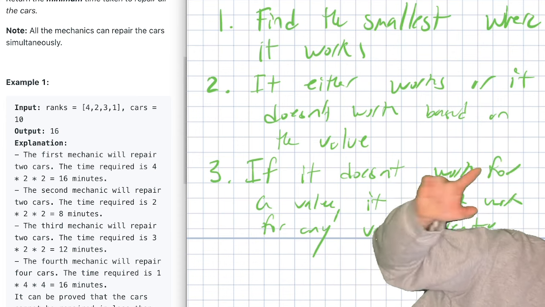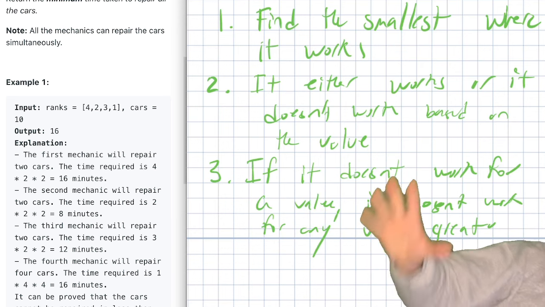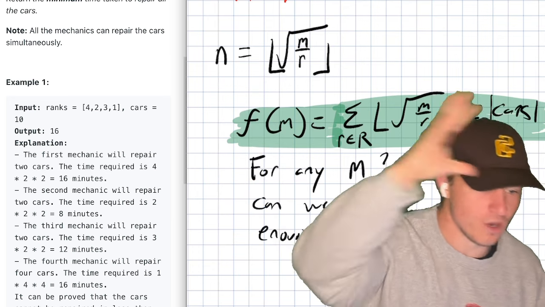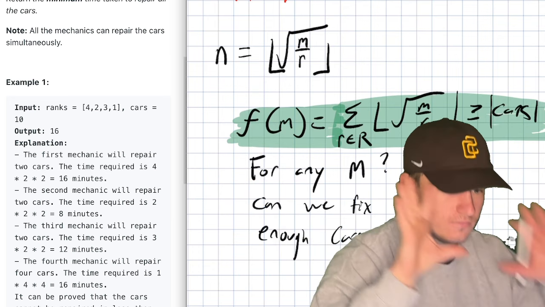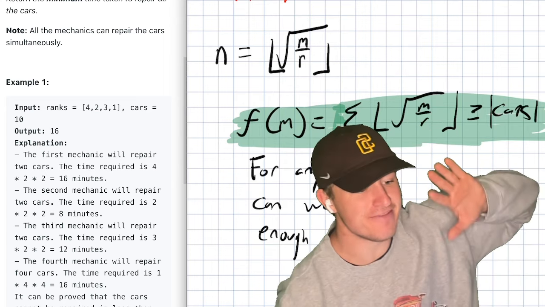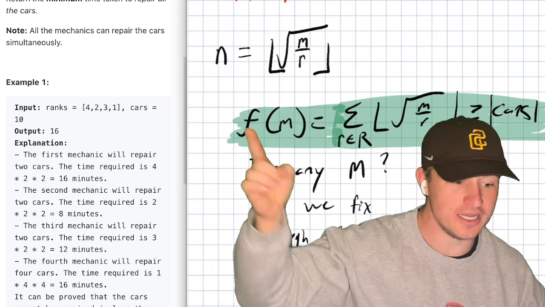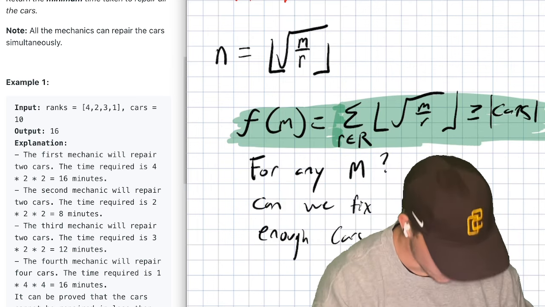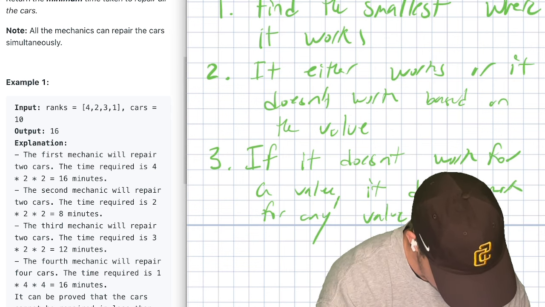What does that mean? That basically means if it doesn't work for M, it's not going to work for M plus 1. Does that make sense? What I'm saying is, if it doesn't work for one value, it's not going to work for any value that's greater than it. If I can't do it in 10 minutes, no, wait. It's not going to work for any value smaller than it.